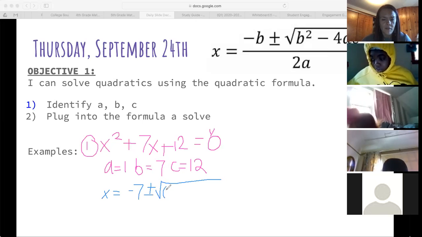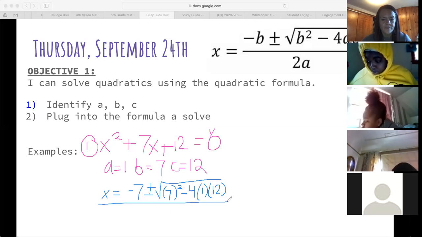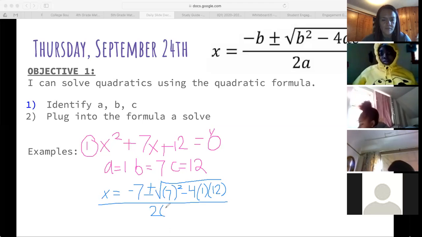I'm going to put that in parentheses only because if it was negative, I want to make sure I remember I have to square the negative. So b squared minus 4 times a, which is 1, times c, which is 12, all over 2 times a, which is 1.